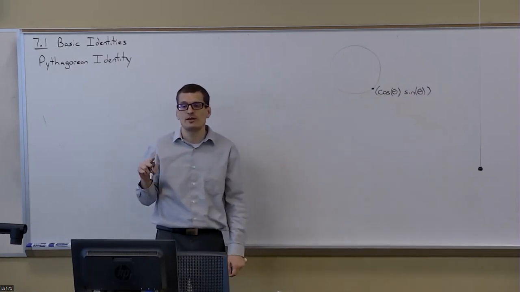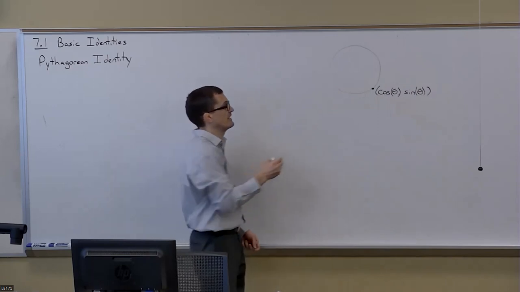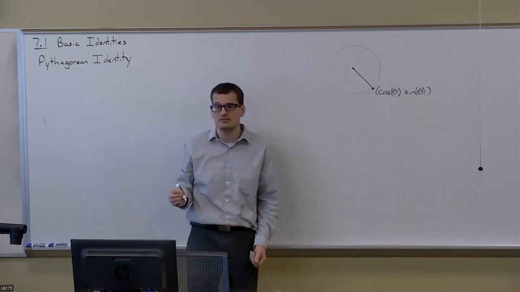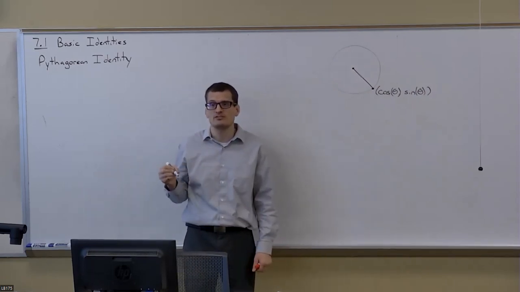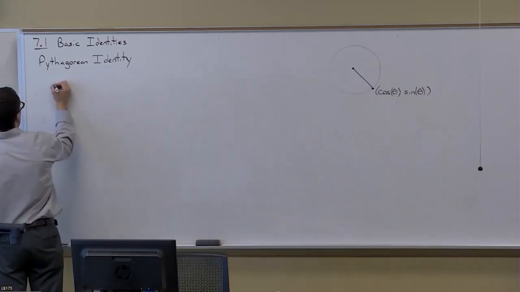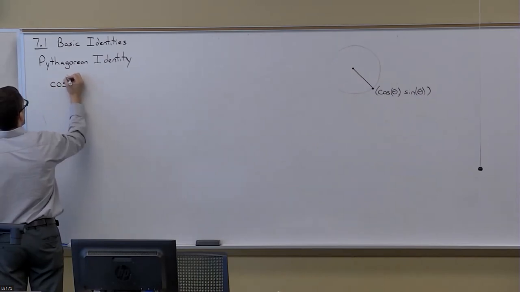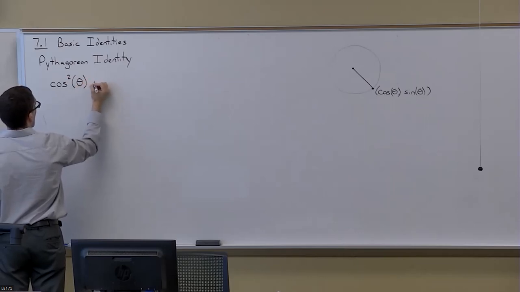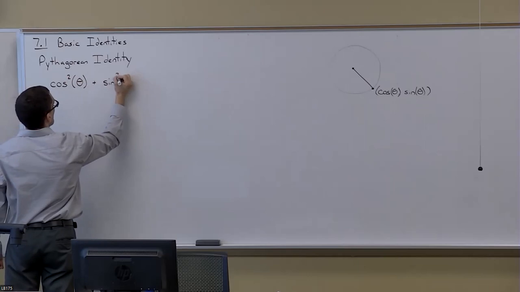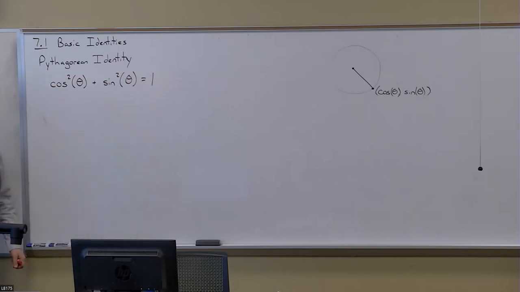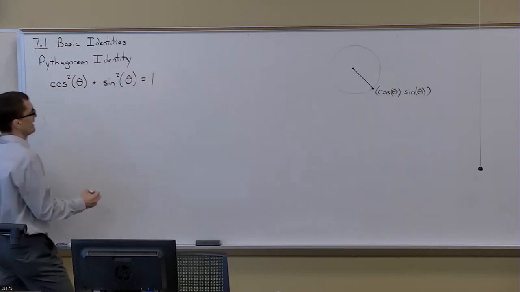That means when you square them and add them up, they have to be distance 1 from the center, which is the origin. So when you take cosine squared plus sine squared, you have to get 1, because that's the radius of the unit circle. So the Pythagorean identity says if you take cosine squared of theta plus sine squared of theta, you have to get 1 no matter what the theta is.